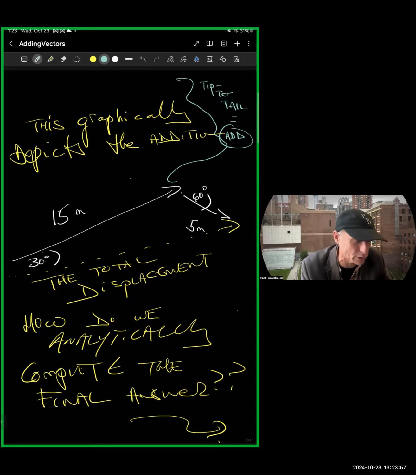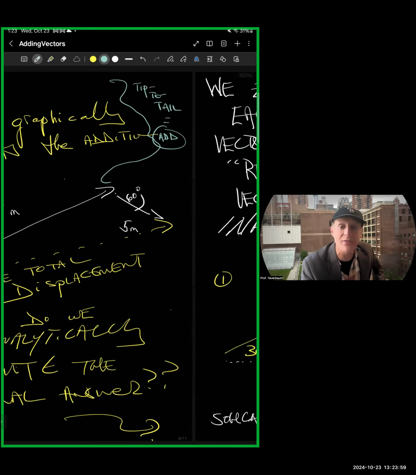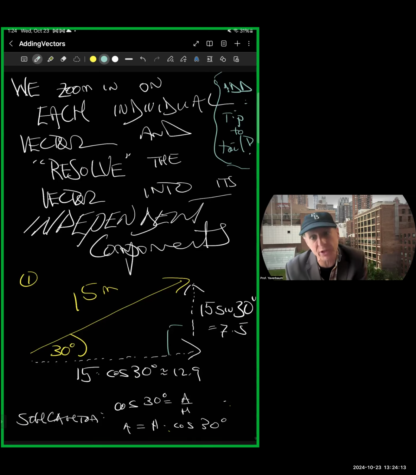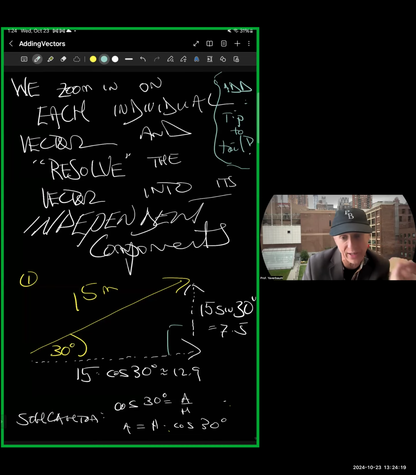But the method I'm teaching you says, take each individual vector and deliberately turn it into its own right triangle. So now you can know for a fact that SOHCAHTOA and the Pythagorean theorem and all that stuff will definitely apply. We're taking each two-dimensional situation and breaking it up into two one-dimensional situations. So the cosine of the angle is necessarily adjacent over hypotenuse.